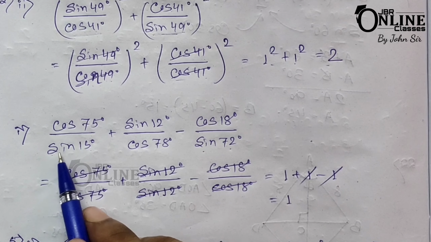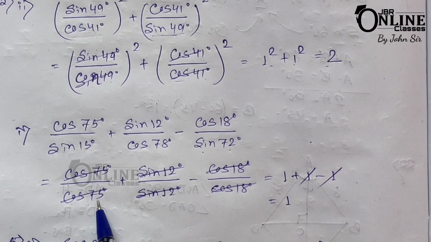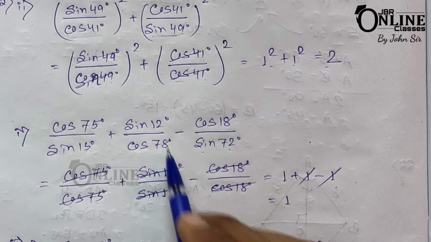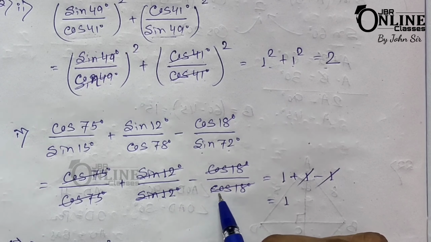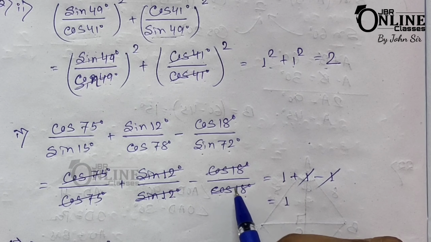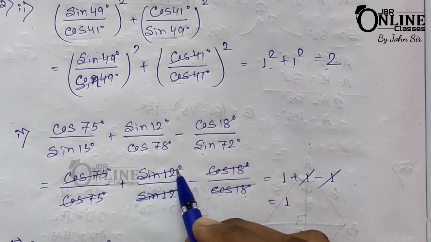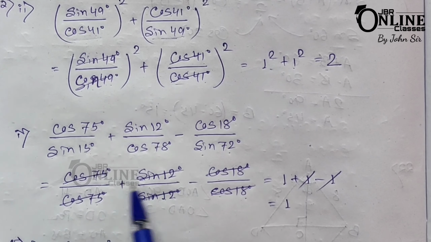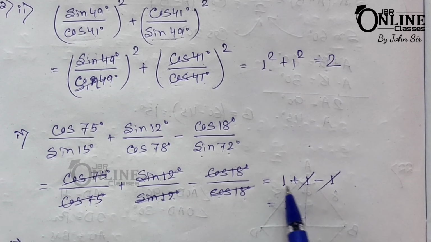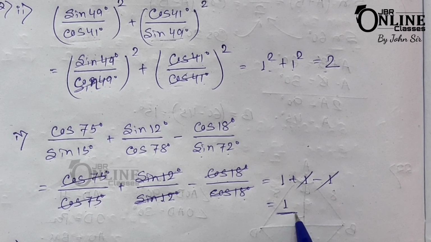Okay, so first change sin 15 as cos 75, then cos 78 as sin 12, and then sin 72 as cos 18, using the formula of 90 degree minus theta. So here cos cancels out, sin 12 cancels out, cos 18 cancels out. So here 1 plus 1 minus 1. So answer is 1.